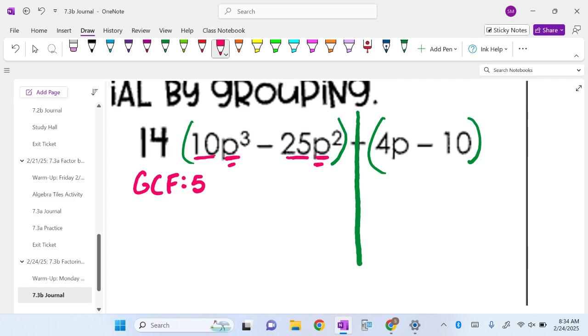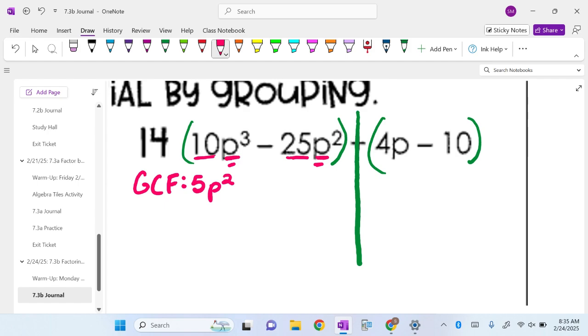So p cubed and p squared. Between the two of them, how many p's do each of them at least have? 2. So if we have p times p or 2 p's, that would be equal to what? P squared. So that's our GCF. That's another strategy you can do if you don't want to do the factor tree.